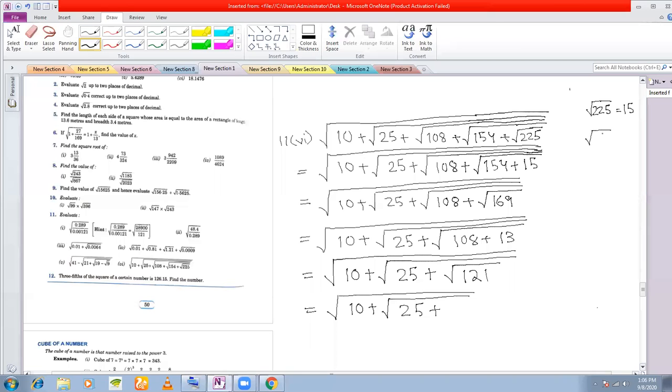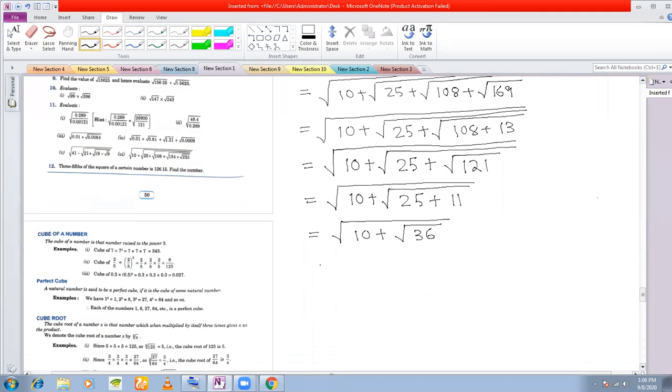The square root of 121 is 11. So this becomes 10 plus, this is the square root of 25 plus 11, which is 36. And the square root of 36 is 6. This comes down to only root 16, which is 4.